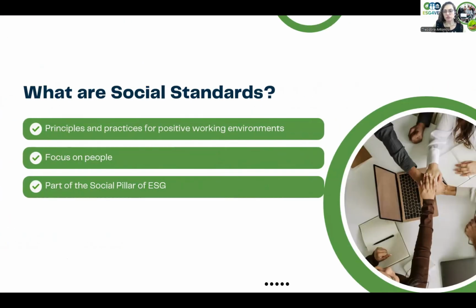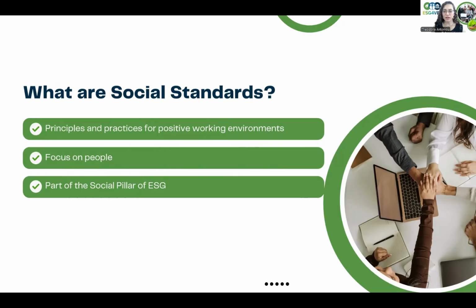So, what are social standards? Social standards are the principles and practices that help organizations create positive working environments. They focus on people and promote fairness, equality, inclusion, well-being, health and safety, respect for human rights, and ethical behavior.